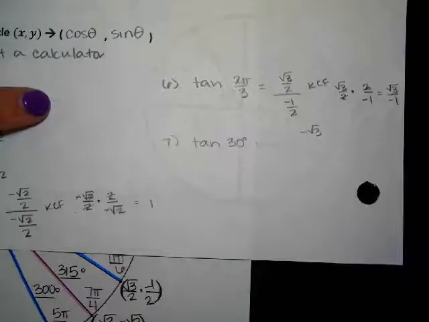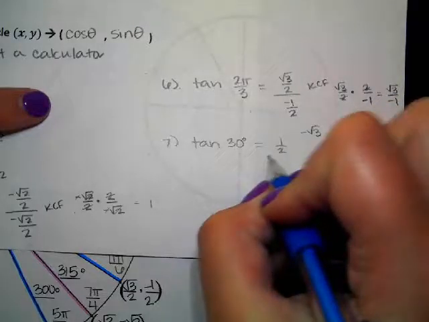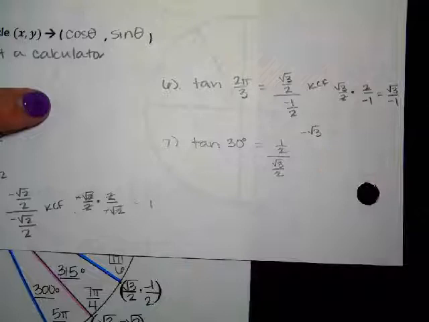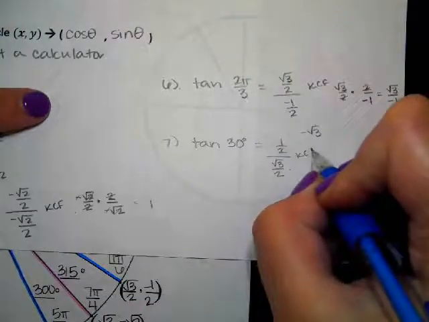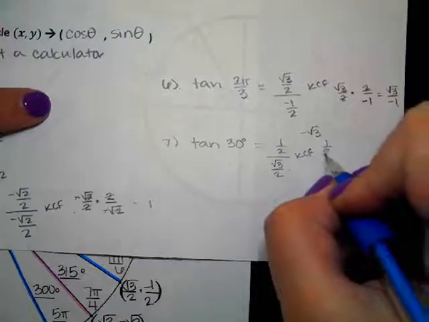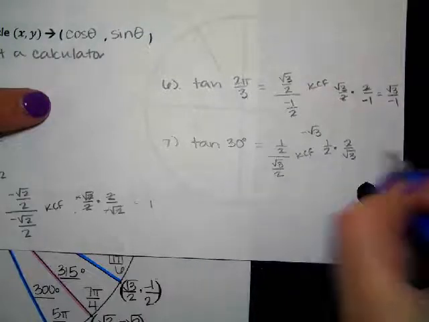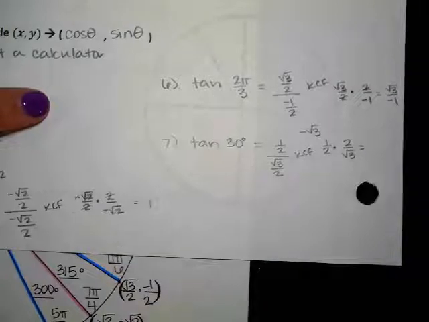Okay, 1/2 divided by root 3 over 2. So we're going to do keep it, change it, flip it. 1/2 times 2 over root 3. What happens with the 2's? They cancel. And we get 1 over root 3.